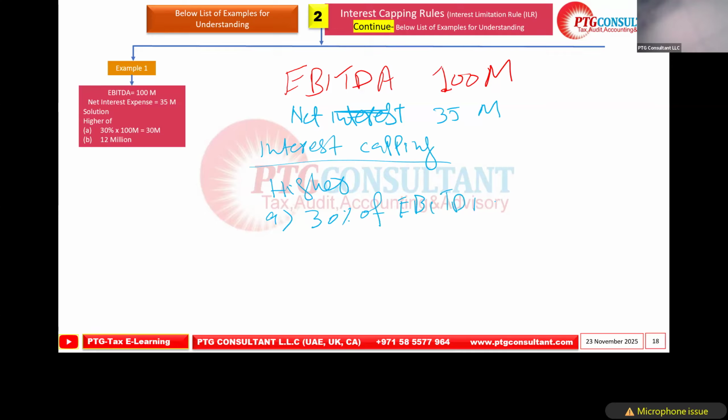So let me know what this amount is. What is the EBITDA? 100 million. So make the 30%. So here 100 million into 30%. Give me the figure.